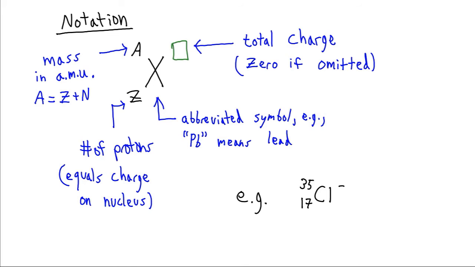Then in the upper left, you write the total mass, and this is measured in AMU. Remember, we assigned both protons and neutrons a mass of 1 AMU. So this mass is essentially just going to tell us the total count of protons and neutrons added together.